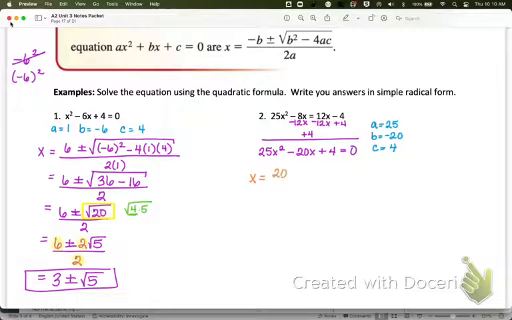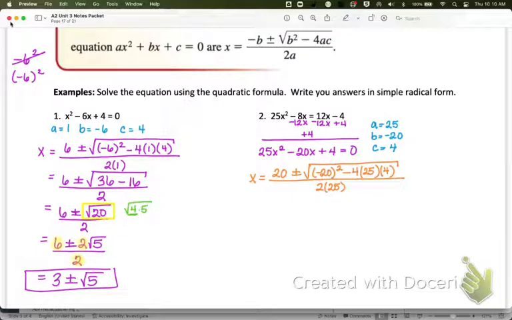That means it's now positive 20. Plus or minus the square root of B, negative 20, squared, minus 4, it's always minus 4, times A, 25, times C, 4. That's all under the square root. And all of that is over 2 times A, which is 25.